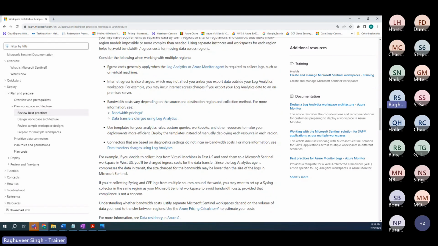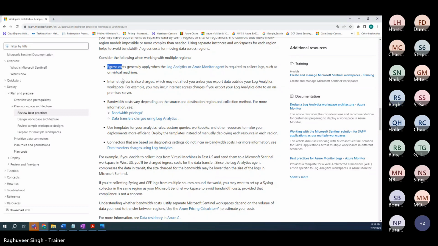Regional considerations. You need to take into account the egress cost. It should not happen that you create a workspace in East US, which is New York, where you have 5 VMs and you have 500 VMs in West US, and you are ingesting data of those 500 VMs from West US to East US.